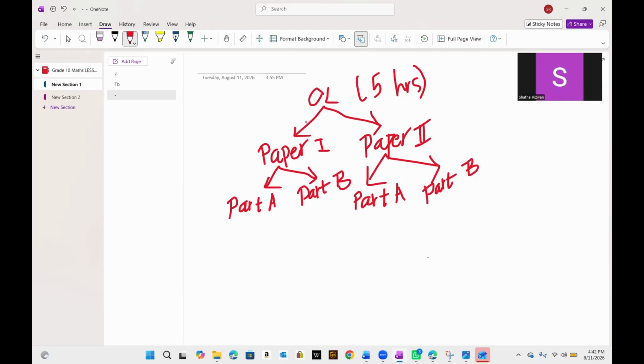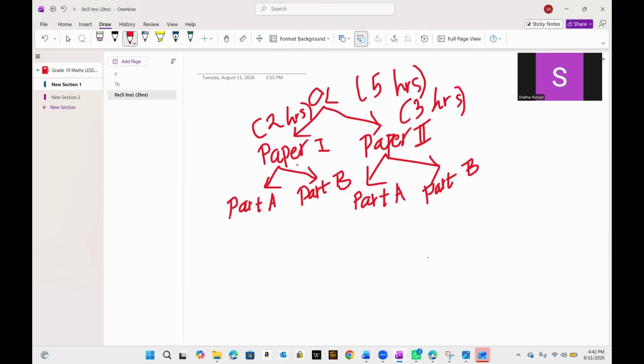Out of that, they have given you two papers, paper 1 and paper 2. To complete paper 1, how many hours do you need? You need around 2 hours. And to complete paper 2, you need around 3 hours.